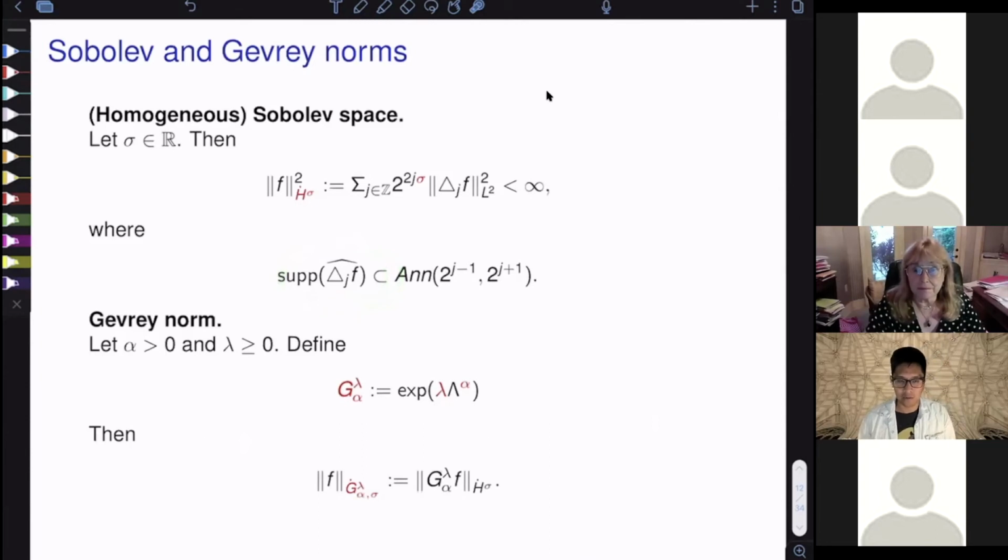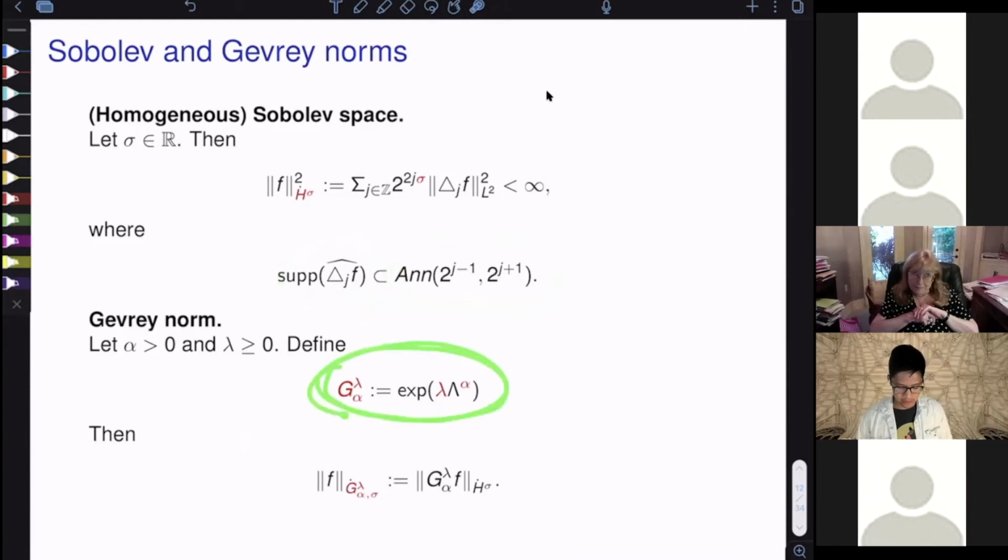They're essentially smooth frequency projections onto annuli centered at frequency 2^j. And the Gevrey operator will be the exponential of lower-case lambda times capital Lambda to the power alpha, and the corresponding Gevrey norm will simply be the Gevrey operator applied to the function.